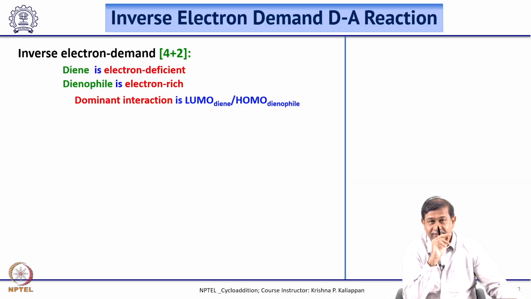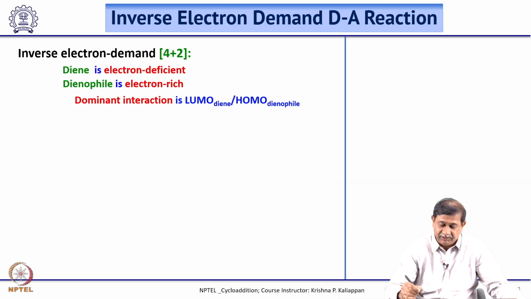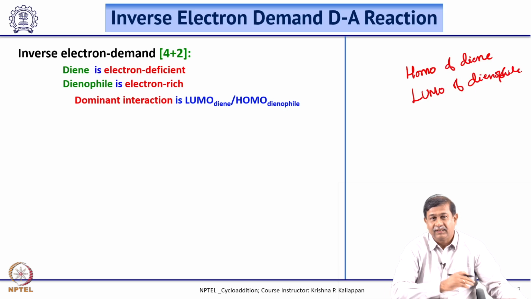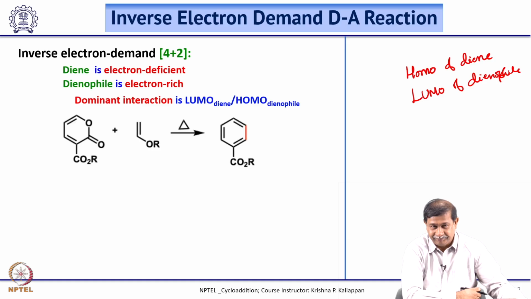In the case of normal 4+2 cycloaddition reaction, the reaction takes place between HOMO of diene and LUMO of dienophile. But here it is exactly opposite. LUMO of diene and HOMO of dienophile are the ones involved in the orbital overlap.